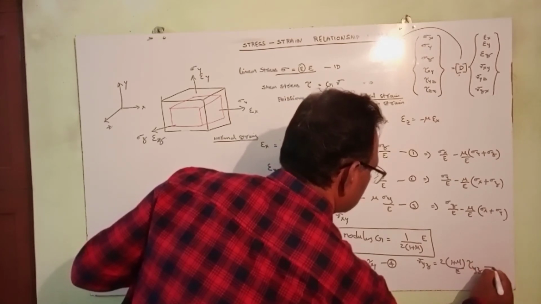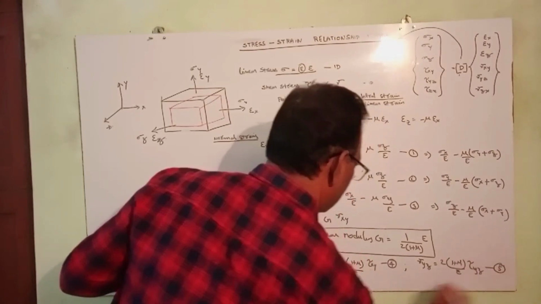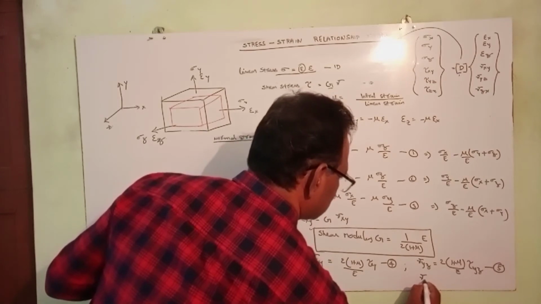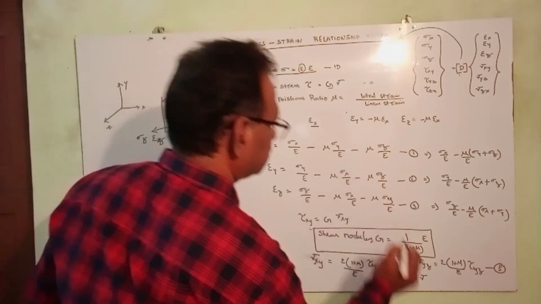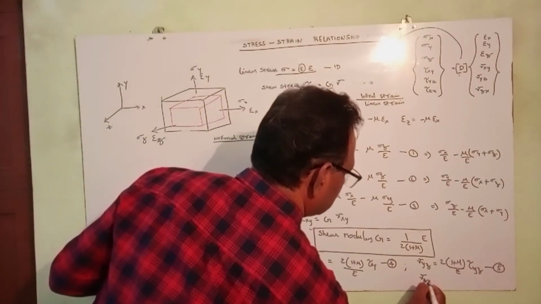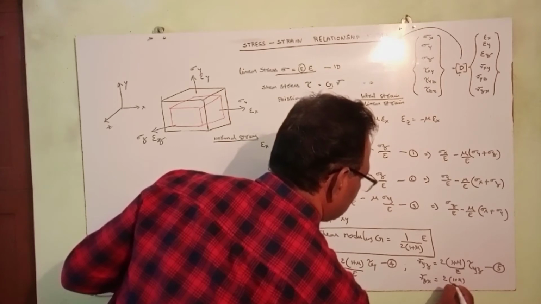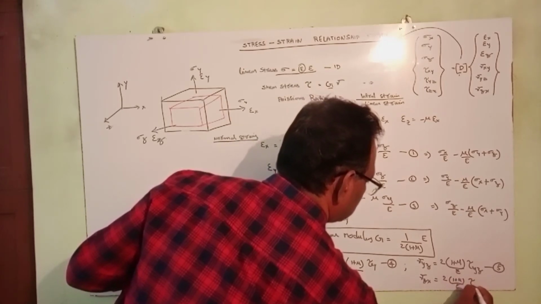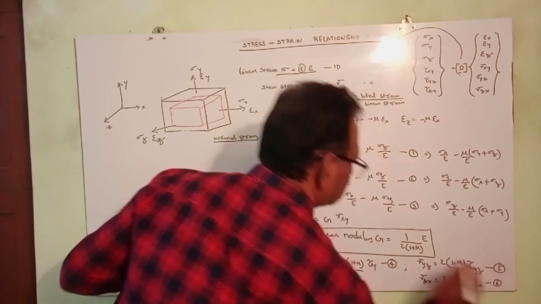This is equation number 5, and similarly equation number 6, that is gamma zx equal to 2 into 1 plus mu by E into tau zx. This is equation number 6.